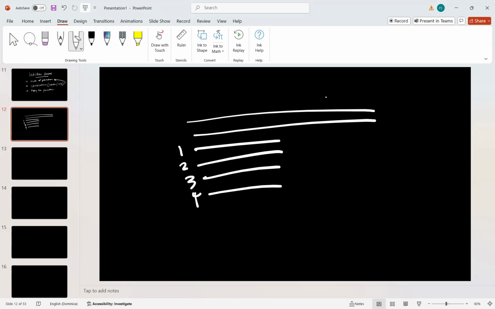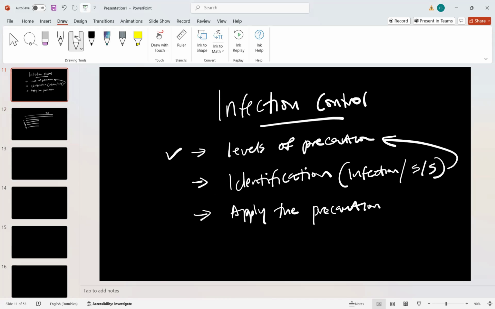For example, let us say they gave you TB, right? The first thing you need to do is think about the level, right? That's the first thing you need to do. Think about the level. Identify the infection. Think about the levels we have.